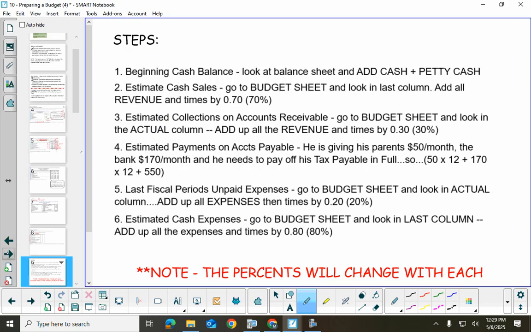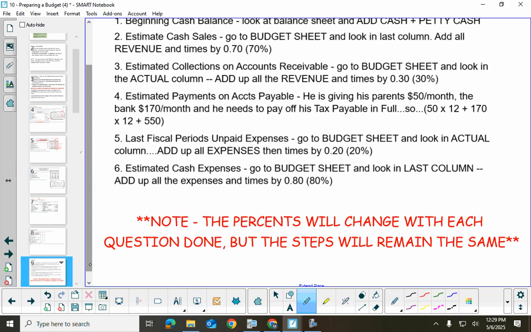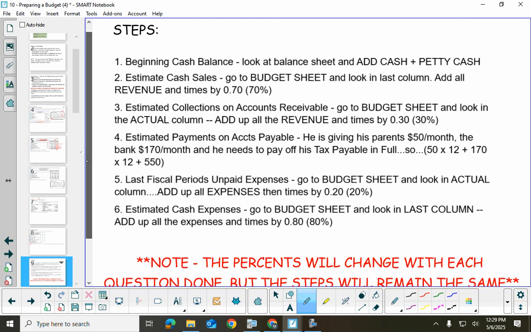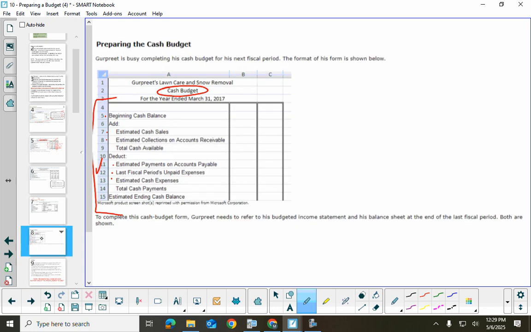You do not have to have this memorized. You're going to be given this. What I want you to understand is that the percents will change with every question that you do. But where you look up the numbers and where you look up the information will stay the same every time. Okay? So the first thing we have to fill in is the beginning cash balance.